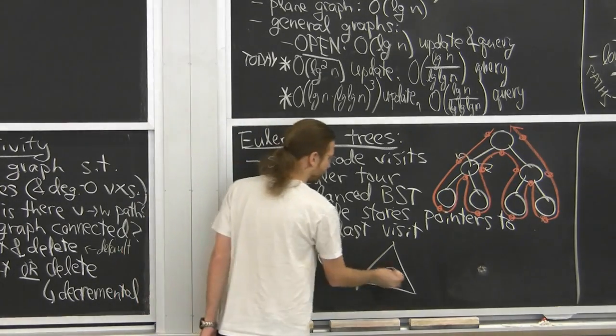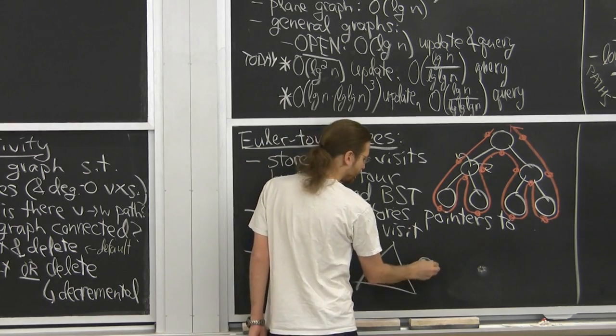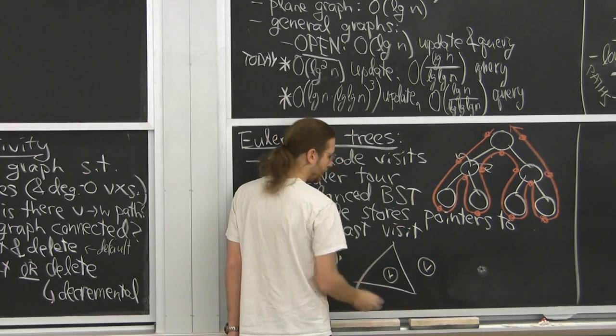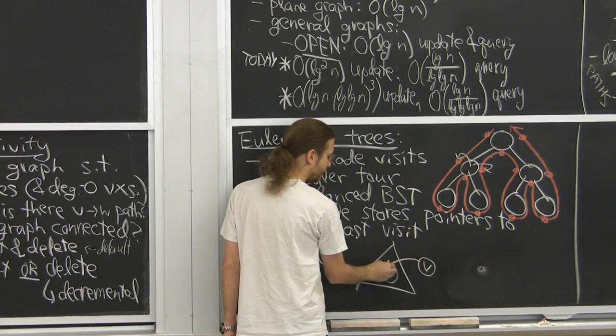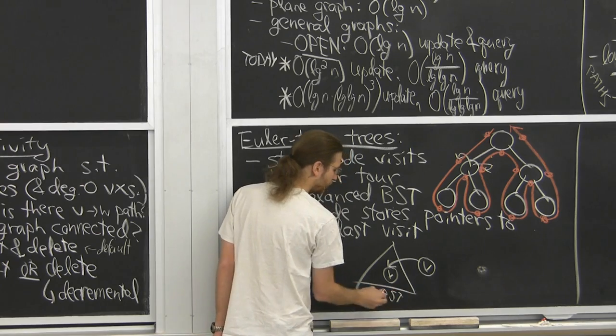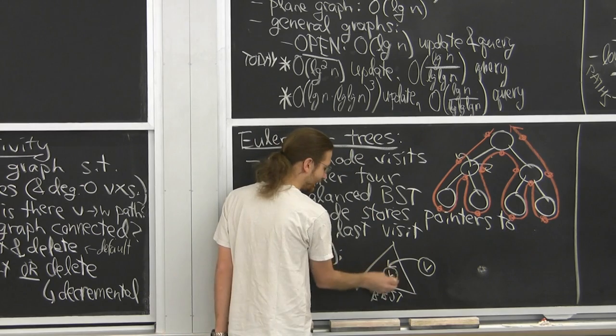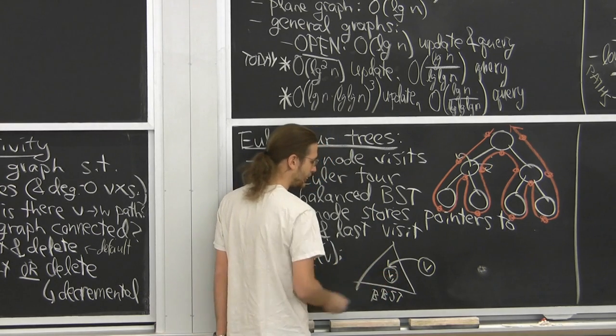Really, what we have are pointers into this balanced binary search tree, to the first and last visit. I don't care, just take any visit, say the first visit of v.